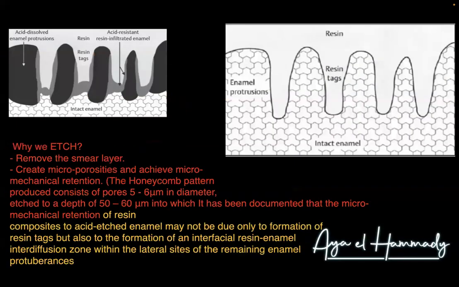Why do we etch? Why are we going to do the etching process? First of all, to remove any smear layer and to create the micro grooves. 2, when you apply bond, it will do the micromechanical retention. So the etch here has 2 purposes: to remove the smear layer and to create micro porosity to allow the bond to do the micromechanical retention in these grooves, okay?